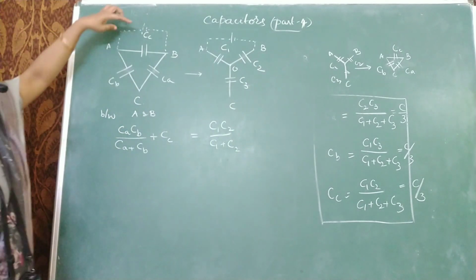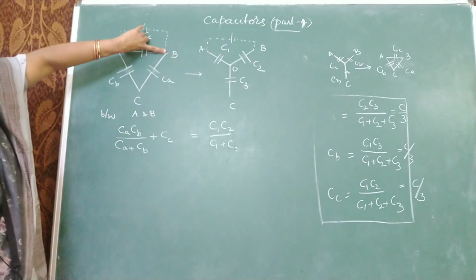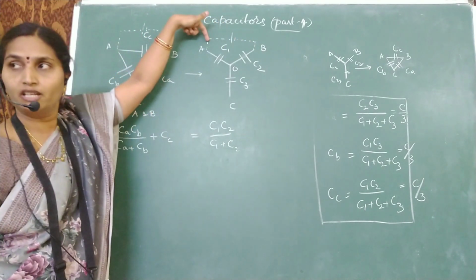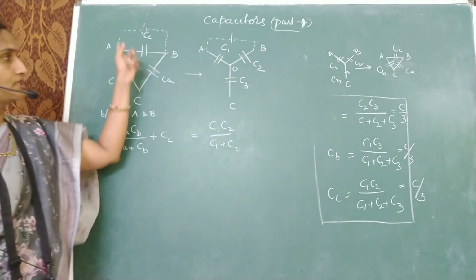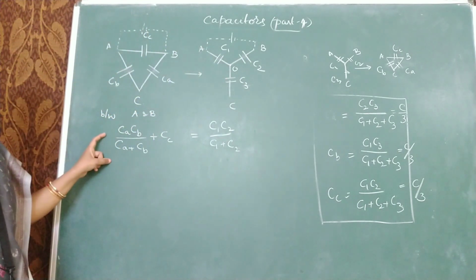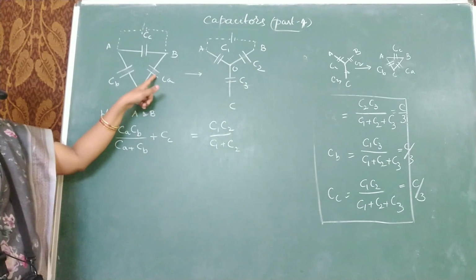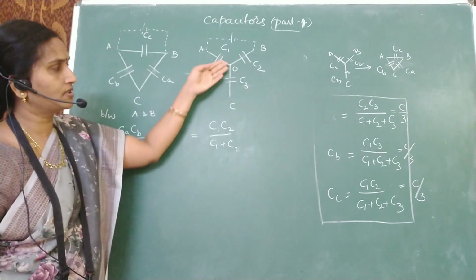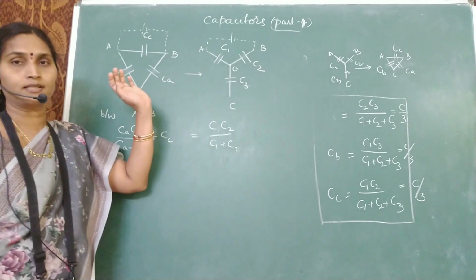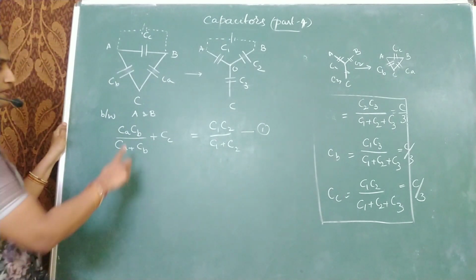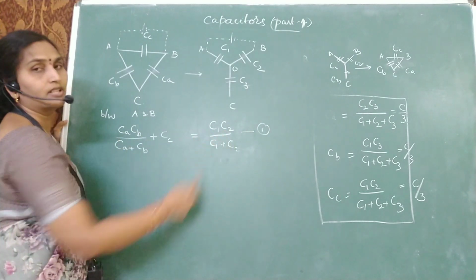Whatever capacitance I get by connecting a power supply between A and B in the first circuit, the answer should be the same in the second. Since these two should be equal, I get the first relation. No charge will flow through C3 since it's an open circuit. Got the first equation? This is the first relation between CA, CB, CC and C1, C2.